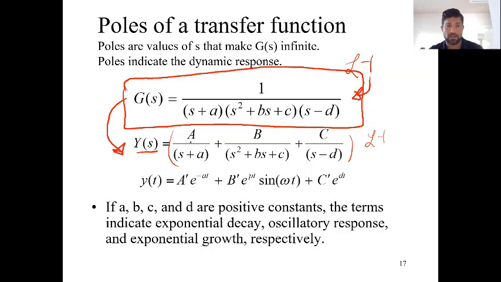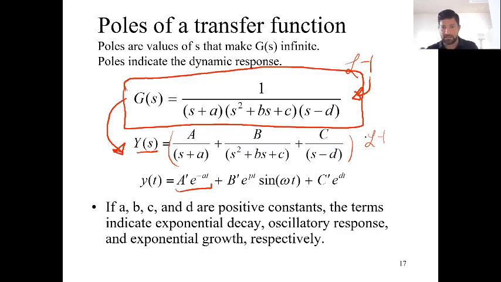If I take the inverse Laplace of this term, a over s plus a, or the inverse Laplace of 1 over s plus a, it's going to give us this exponential decay term right here. If you have the Laplace table handy, maybe you can look at it. I'm going to pull that up from my book so I can make an example.